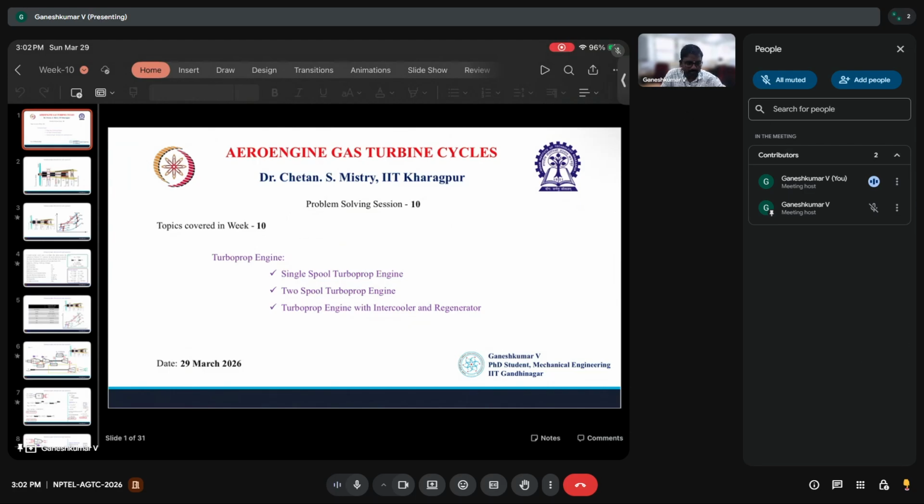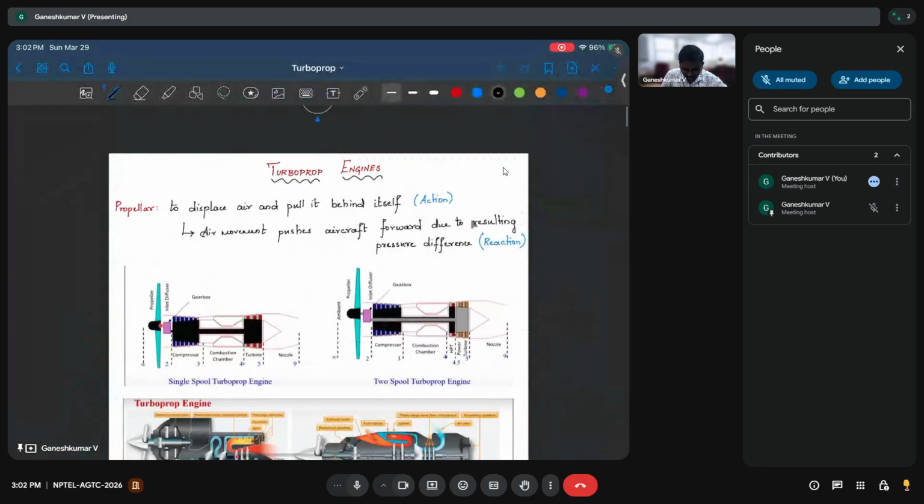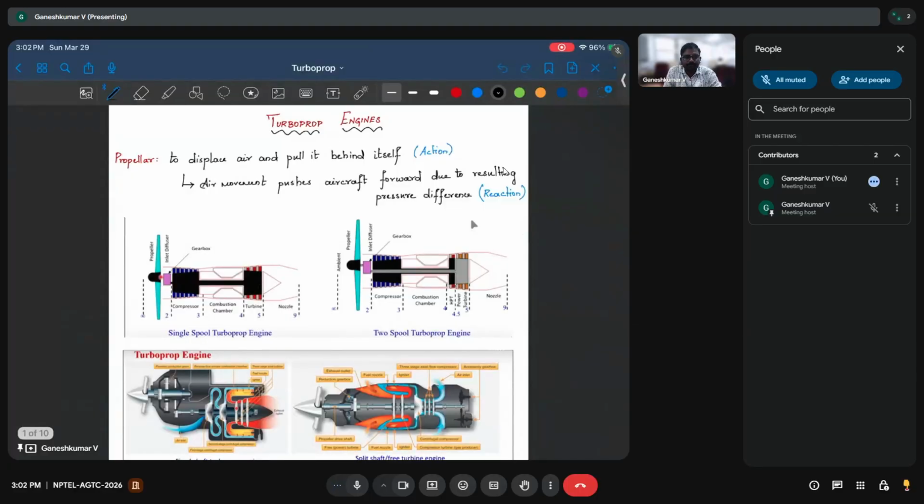With that information, let me check my recordings. Yes. Okay. So in week 10, as I said, we studied the turboprop engine. In a turboprop engine, you have a propeller as your main propulsion component. Basically, the nozzle thrust is minimal, so we do not focus on it that much.